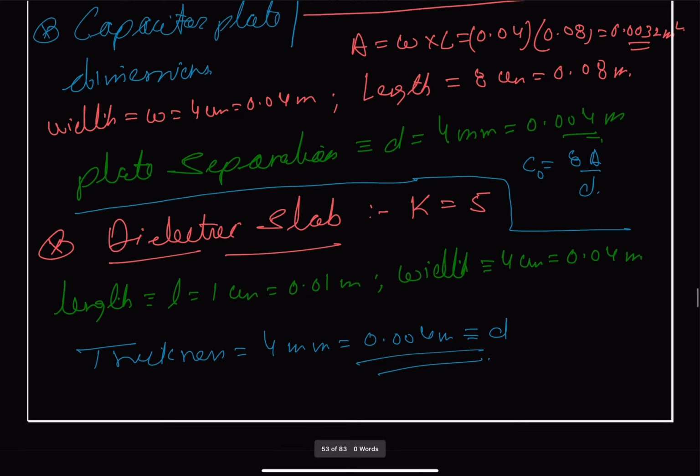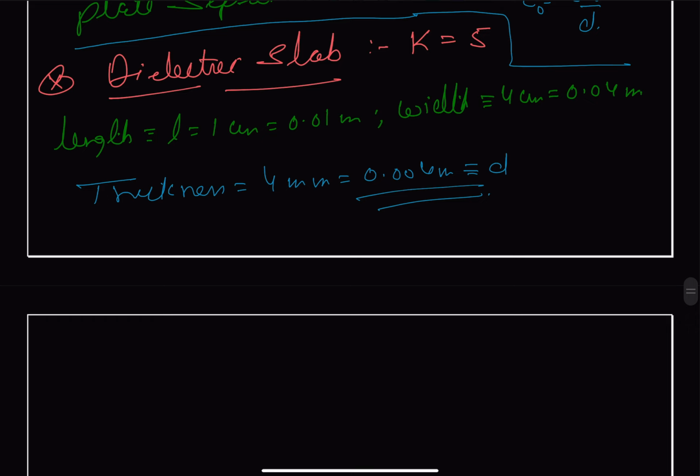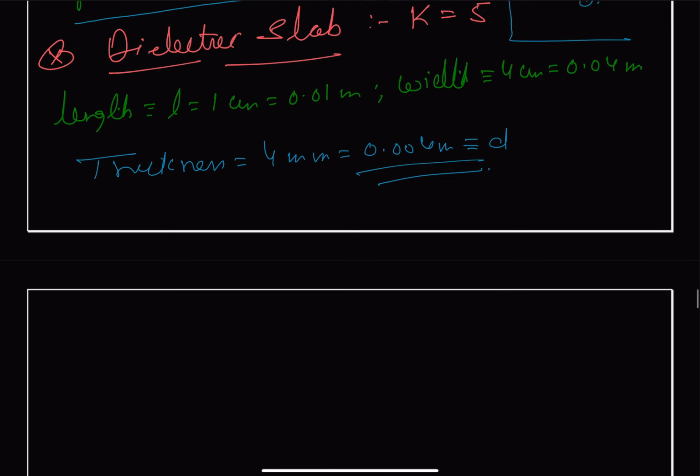And the area of the dielectric, let us call this AD, will be 0.01 multiplied by 0.04.